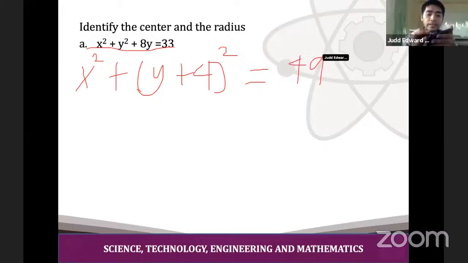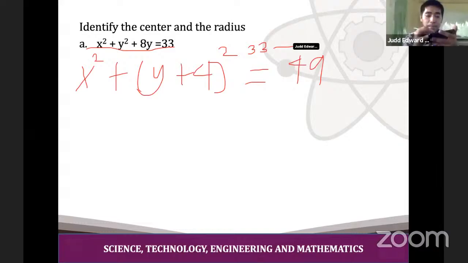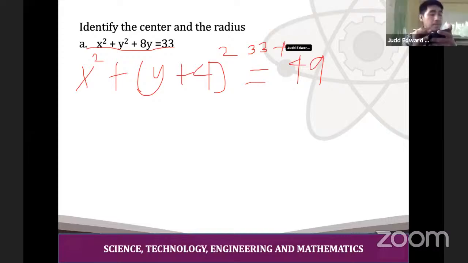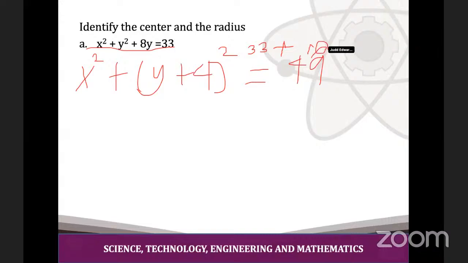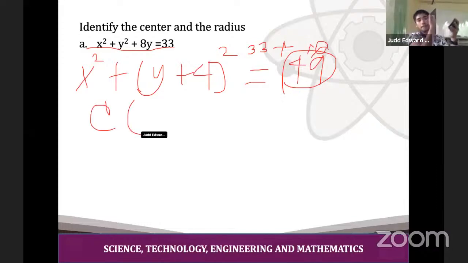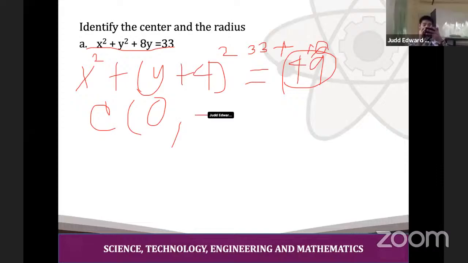Bakit naging 49? Kaya naging 49 kasi kanina meron tayong 33, nag-add tayo sa kanya ng 16. Tama ba, Fiona? Opo, tama po. Okay, so what is 33 plus 16? 49 po. Therefore, what is the center? 0 and negative 4.